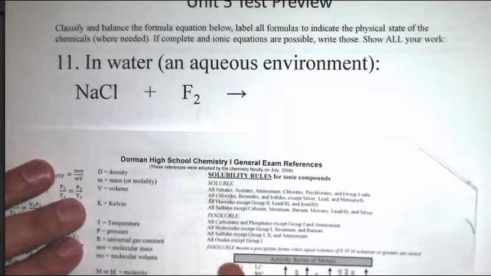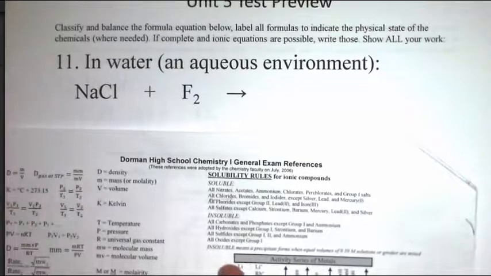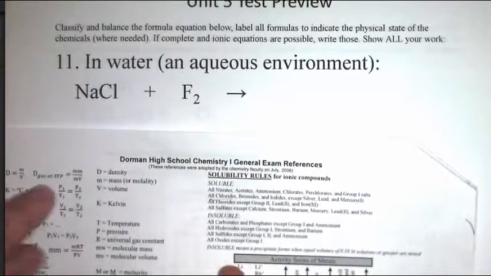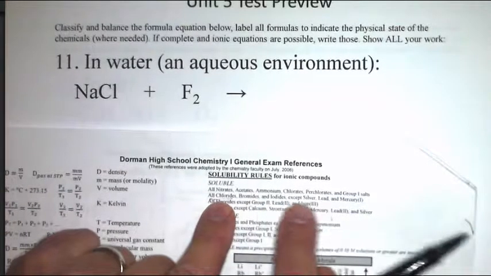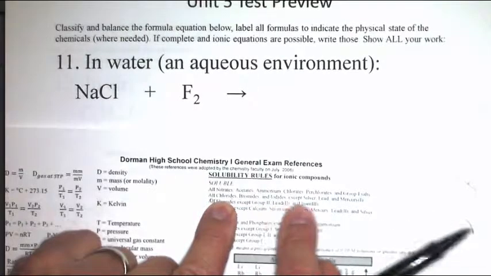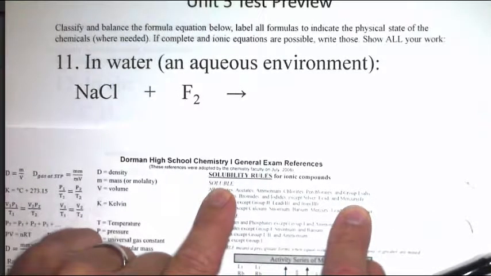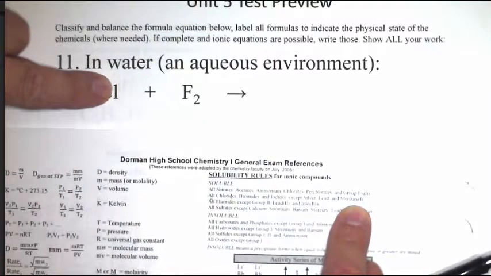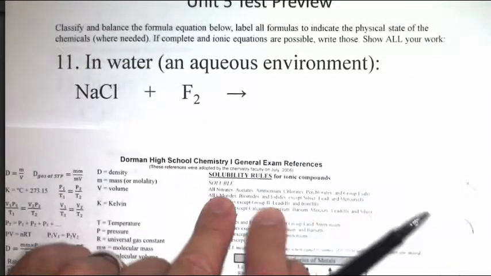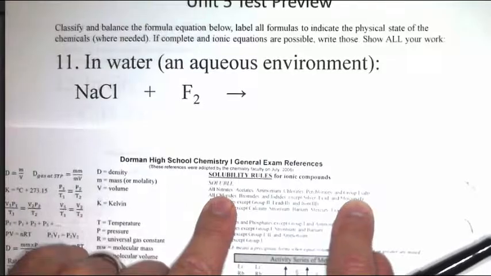Anybody? It's soluble? How do we know that? Okay. All chlorides except silver, lead, and mercury are soluble, and if there's water around, then it's going to be aqueous. It's also listed in the first rule where it says group 1 salts.